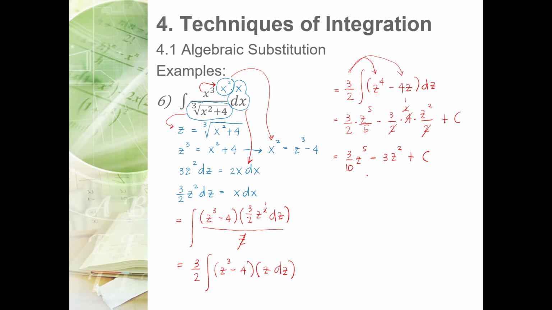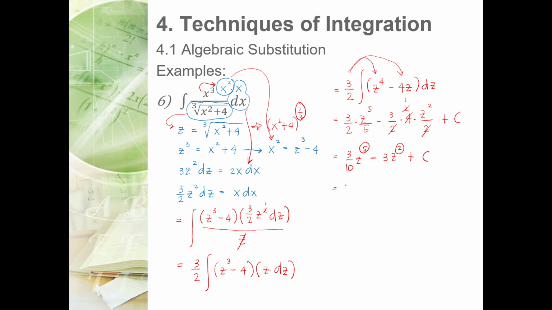So if you try to bring back the value of the z parameter, so again, in exponential format, this would be x squared plus 4 raised to 1/3. So 1/3 multiplied by 5 multiplied by 2.